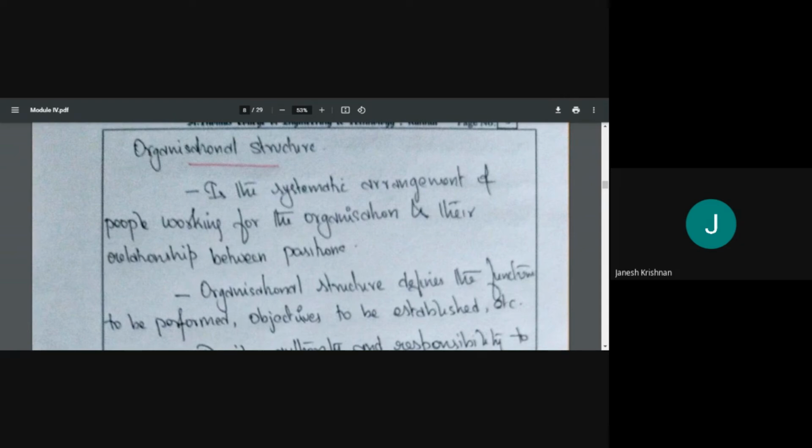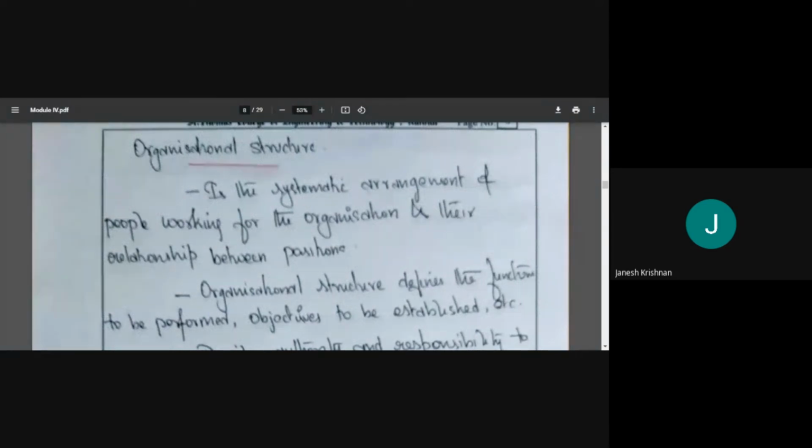That is the organization structure. It is the systematic arrangement of people working for the organization and the relationship between their positions. Certain decisions regarding your project can be made by the guide itself, but certain decisions will have to be made by the project coordinator. Like when you have a review on a date and might not be able to complete the entire work, you may need to ask for a change in date for your group.